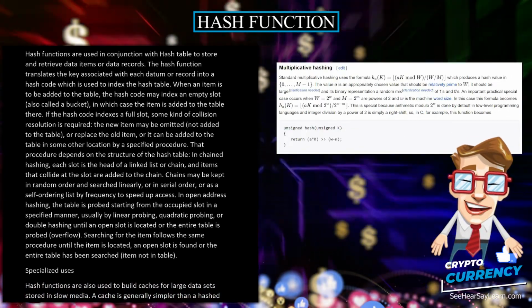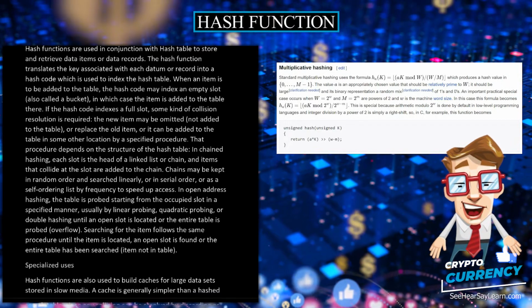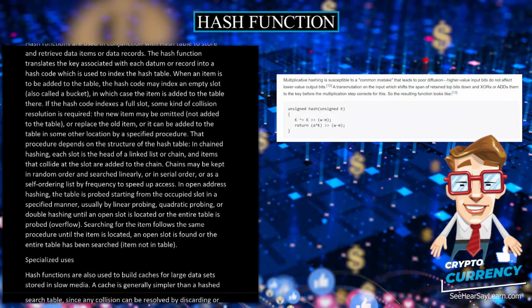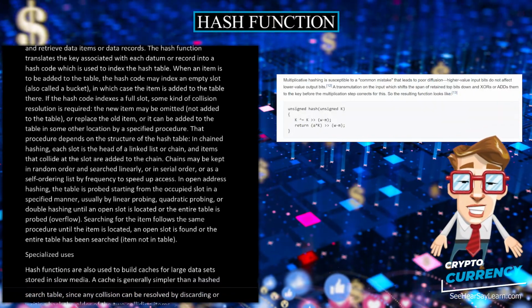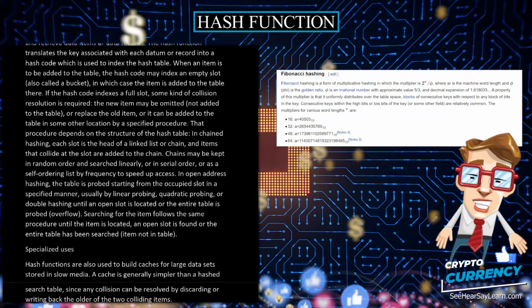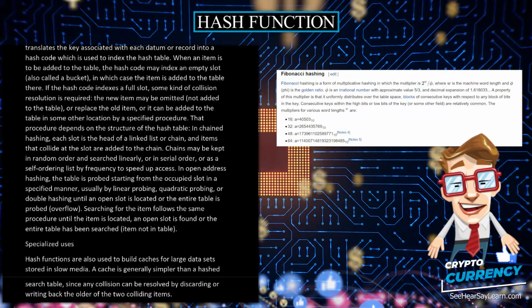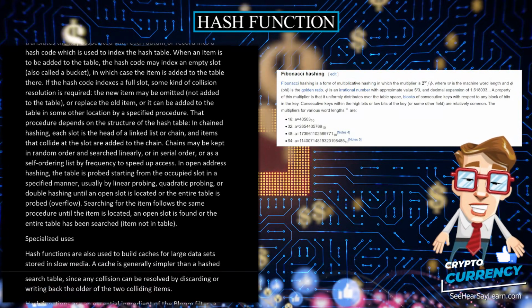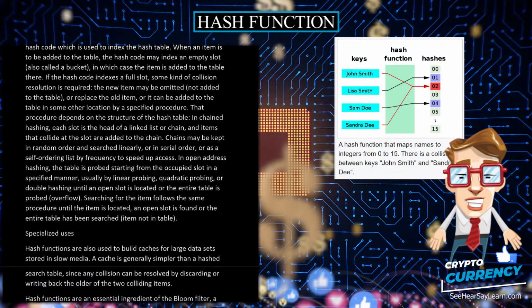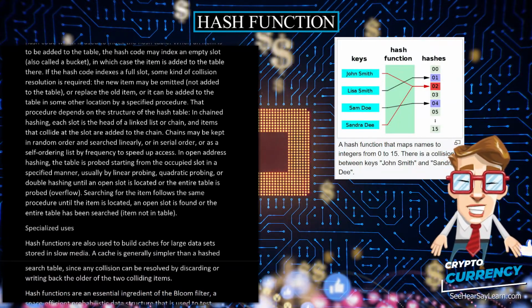If the hash code indexes a full slot, some kind of collision resolution is required. The new item may be omitted, not added to the table, or replace the old item, or it can be added to the table in some other location by a specified procedure. That procedure depends on the structure of the hash table.